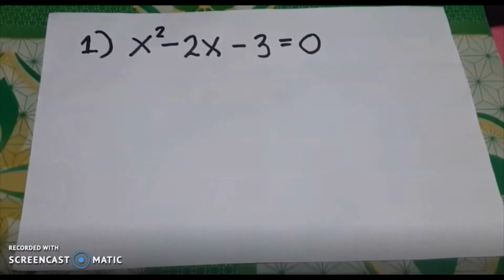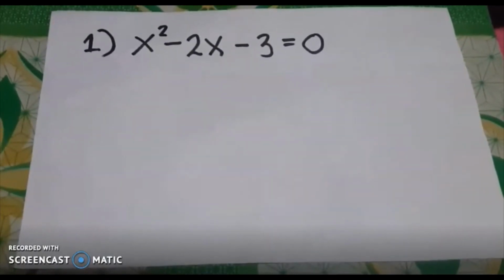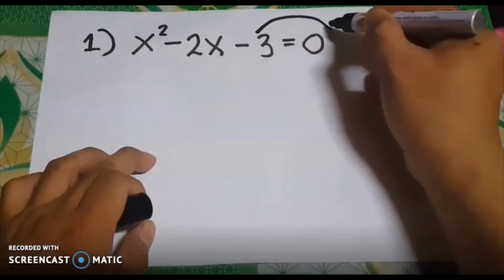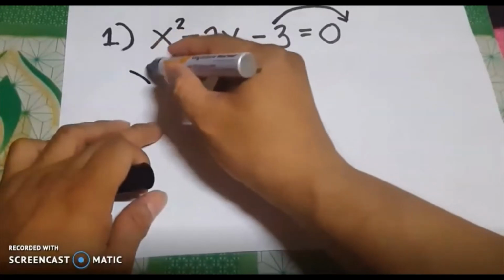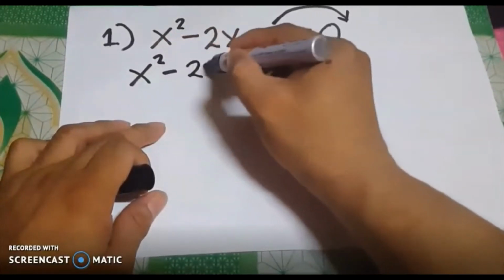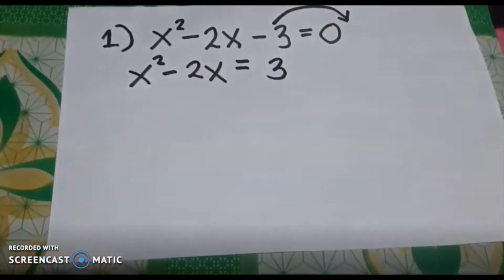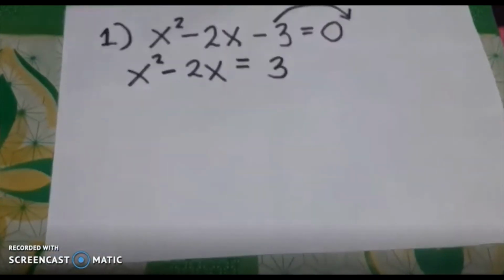So the first thing you're going to do when there's a given quadratic equation and you are asked to solve it by completing the square is to arrange it first in a form wherein the constant term is on the right side of the equation. So the first thing we are going to do is to move this constant term to the right side of the equation. When you do that, we'll have x squared minus 2x equal to positive 3. Because when you move negative 3 to the right side, it will become positive 3.